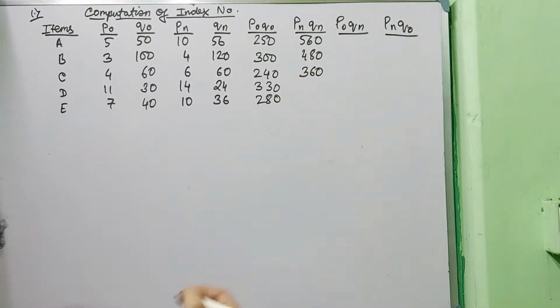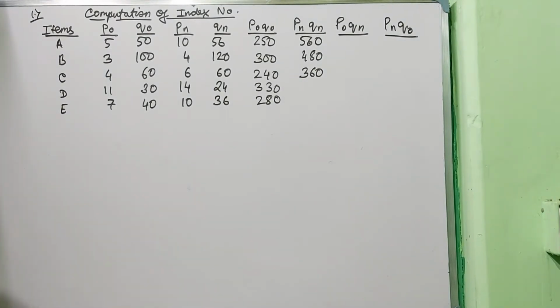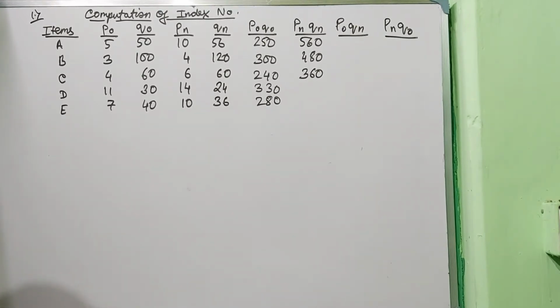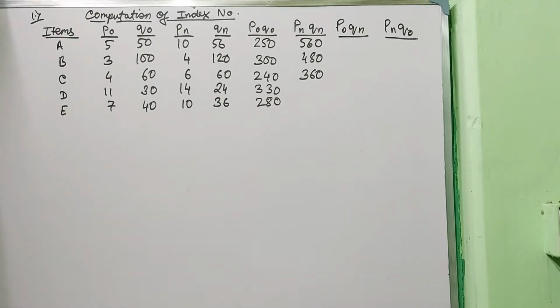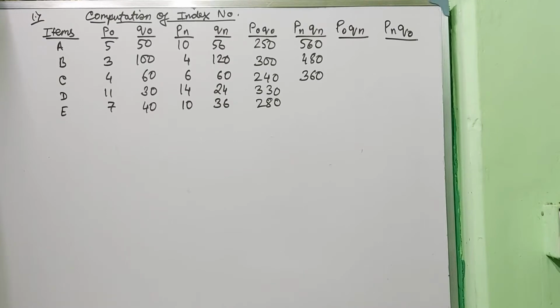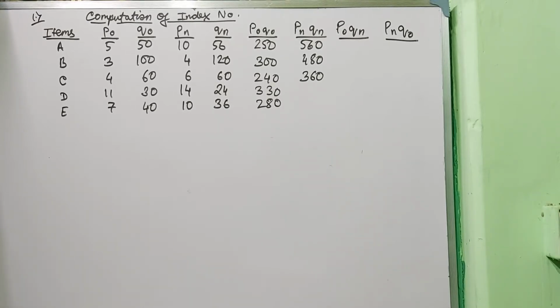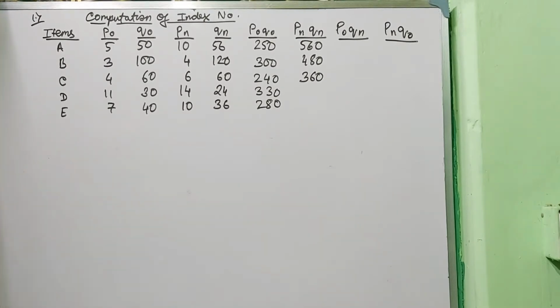You can do it mathematically by computing easily. 14 into 24 is 336, right?